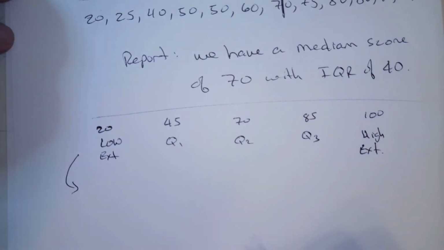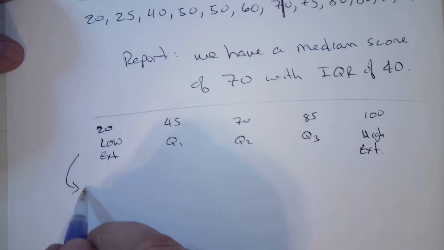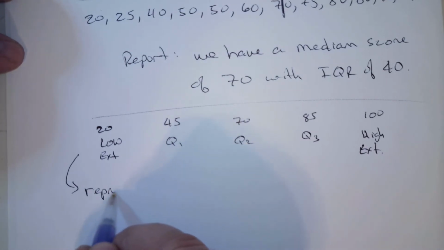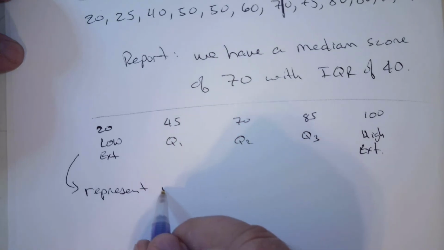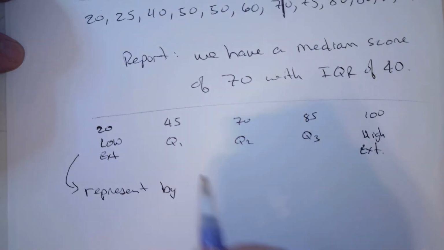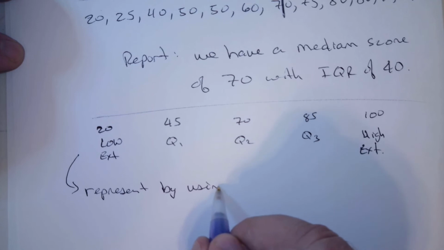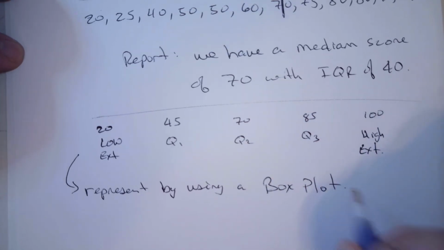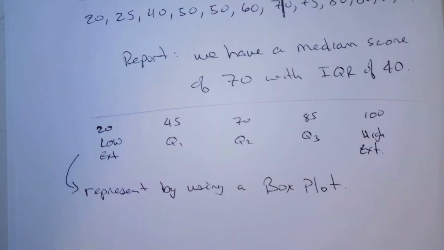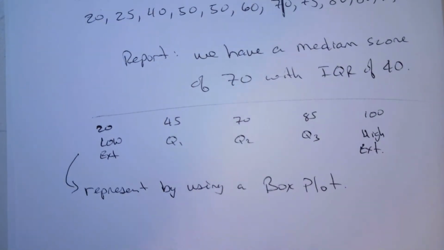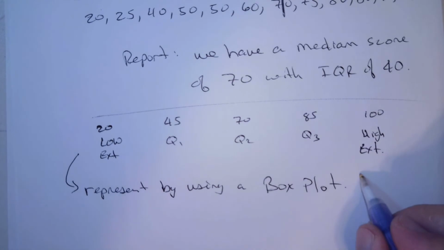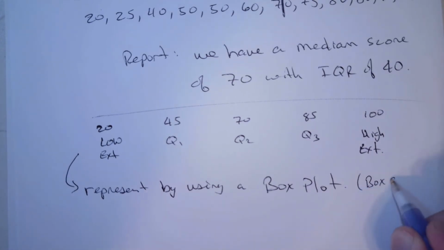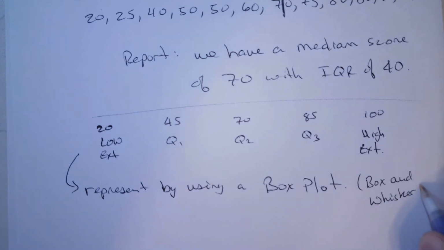And that was 100. We represent this by using a box plot. Or sometimes called a box and whisker plot. I'll show you why in a second.